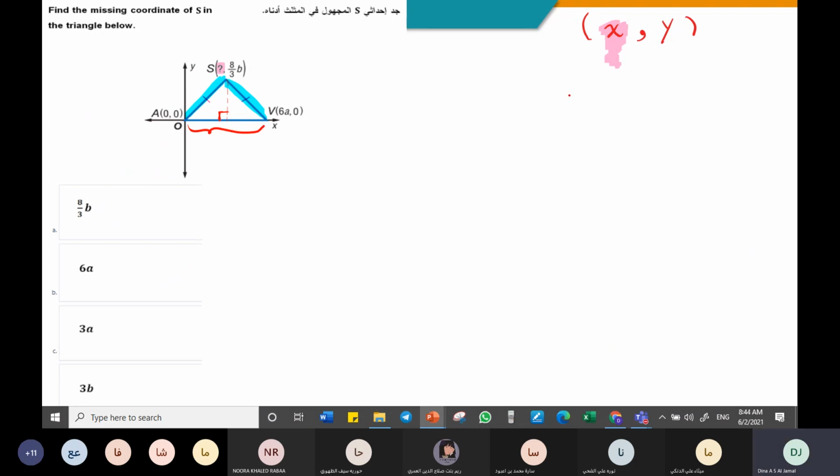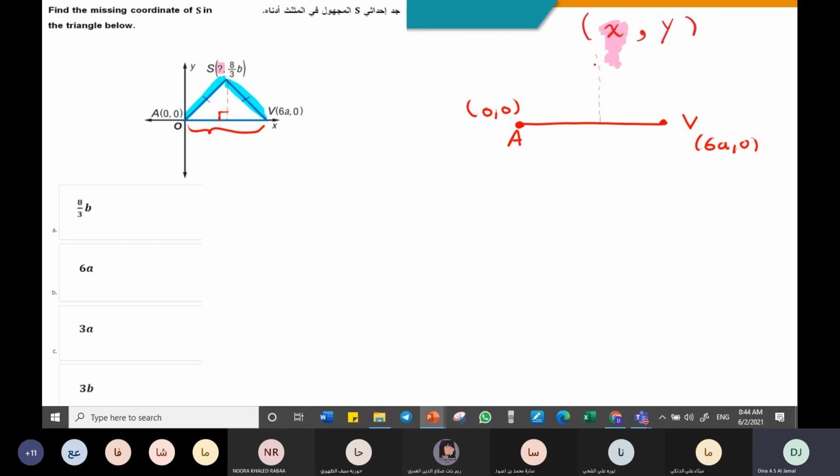And remember, whenever I have a big segment, whether I call it O or A, it's the same, since it is the point of origin. Here I have V, which is 6A and 0. Here I have 0 and 0. Remember, what did I do?